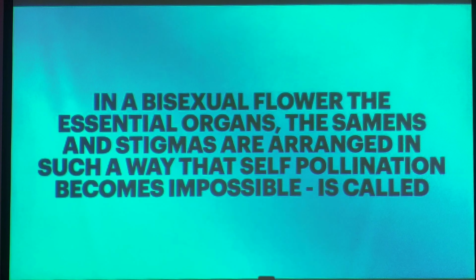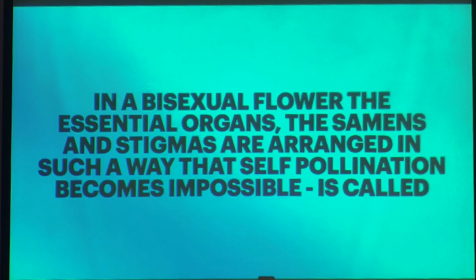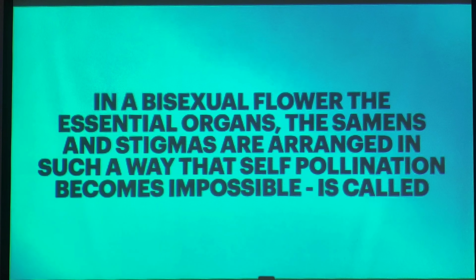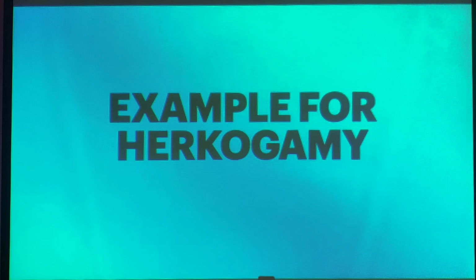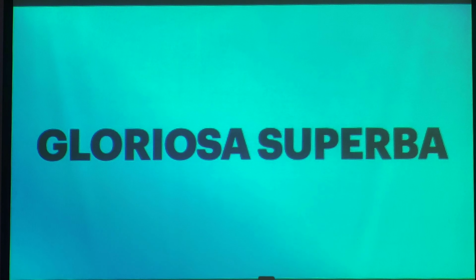In a bisexual flower, the essential organs, the stamens and the stigmas, are arranged in such a way that self-pollination becomes impossible. Is called hercogamy. Example for hercogamy: Gloriosa superba.